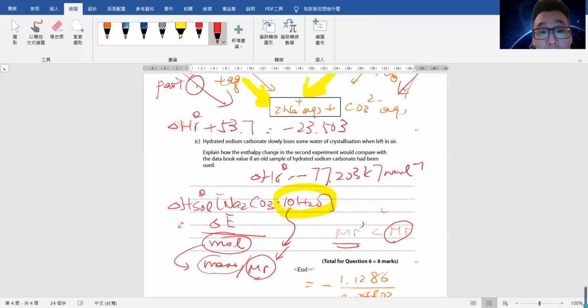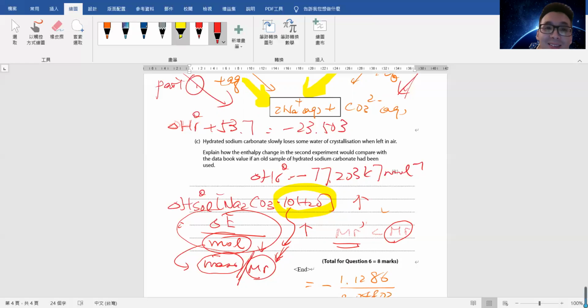The mass is a constant, but you divide the mass by a bigger number, then the mole will decrease. Do you agree? If the mole decreases, if the denominator decreases, the whole number will go up, okay? So the enthalpy change of solution of sodium carbonate, the hydrated salt, will be more positive.